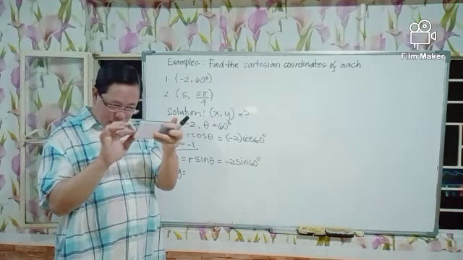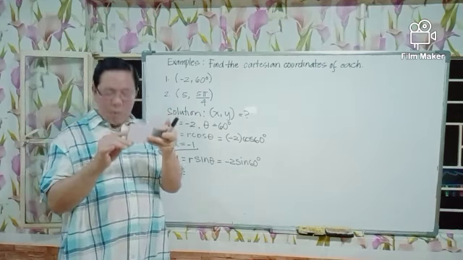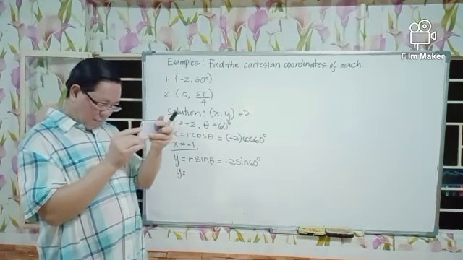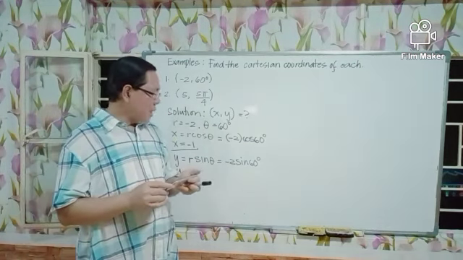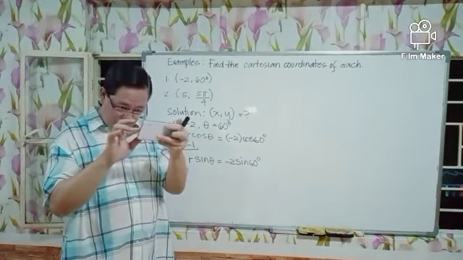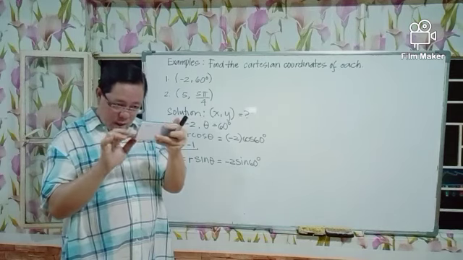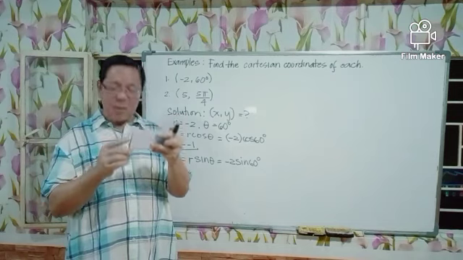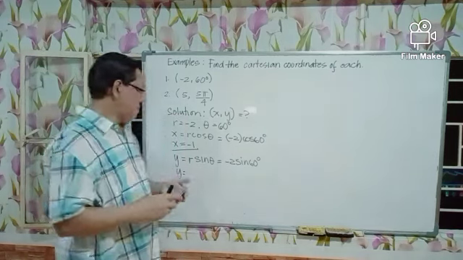Sine of 60 degrees is 0.8666. Multiply that by negative 2. And you round off to 2 decimal places, you get negative 1.73.